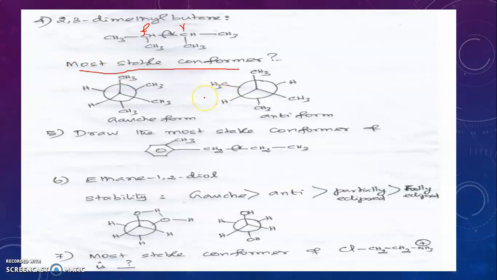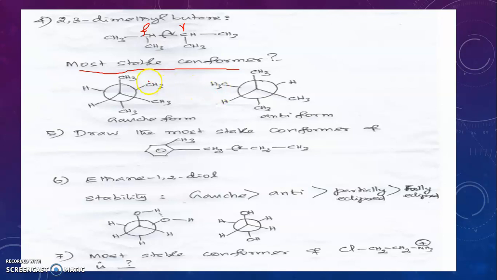We know staggered conformers are more stable than eclipsed. So here I have taken two possible staggered conformations. Among the two, which is most stable?